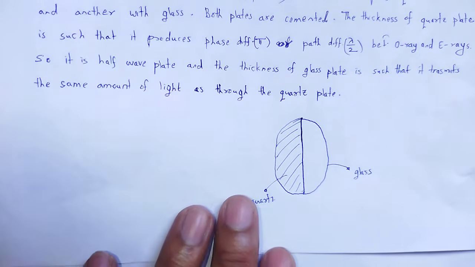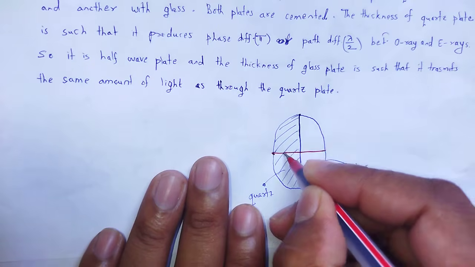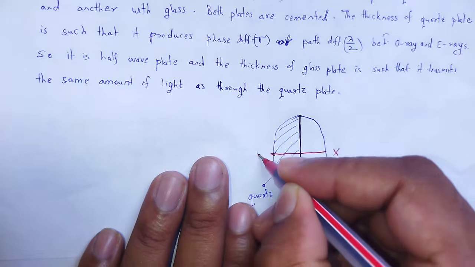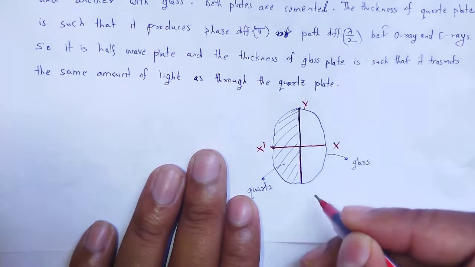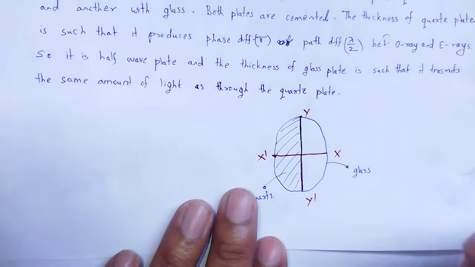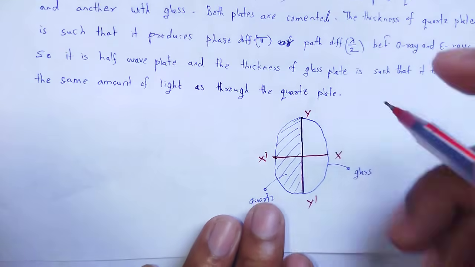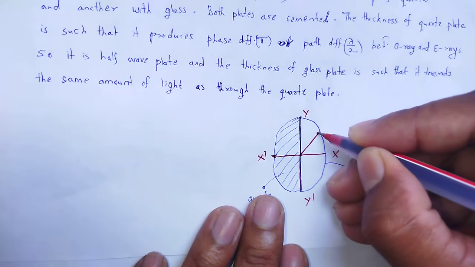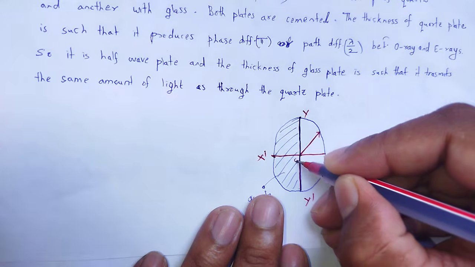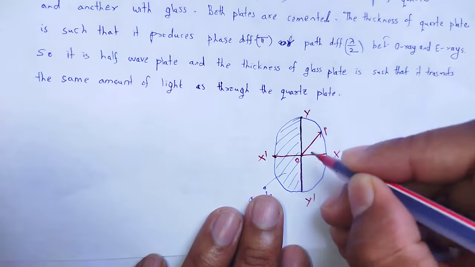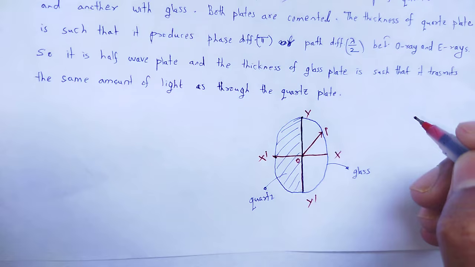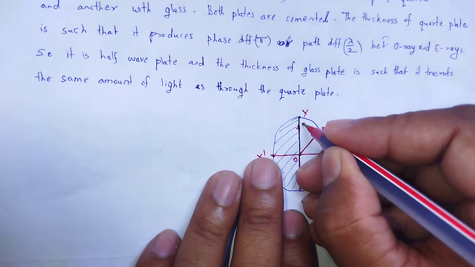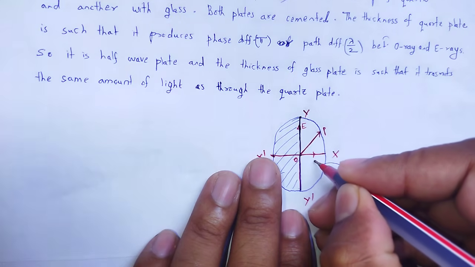As we say here, this is XOX dash, that is YOY dash. When plane polarized light is incident along OP, it is split into two rays, one the E ray, another the O ray. Here is the E ray, another one is the O ray.